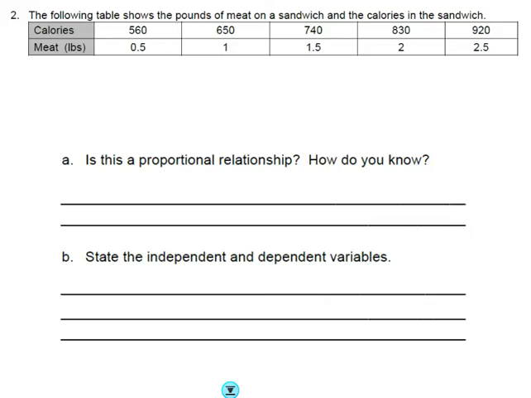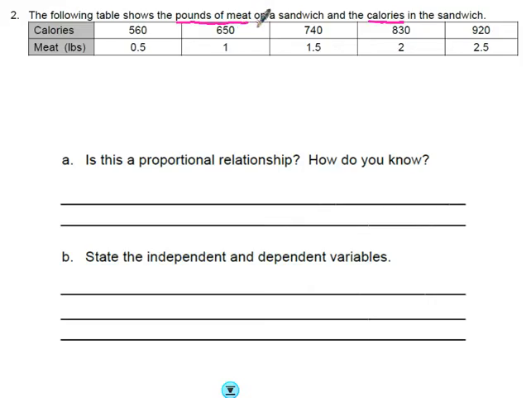Now, before we begin, I would like you to always think about the independent and dependent variables first. In this problem, we're comparing the pounds of meat and the calories. So these are the two variables. What is dependent on what? Is the amount of meat dependent on the calories, or do the calories depend on the meat?